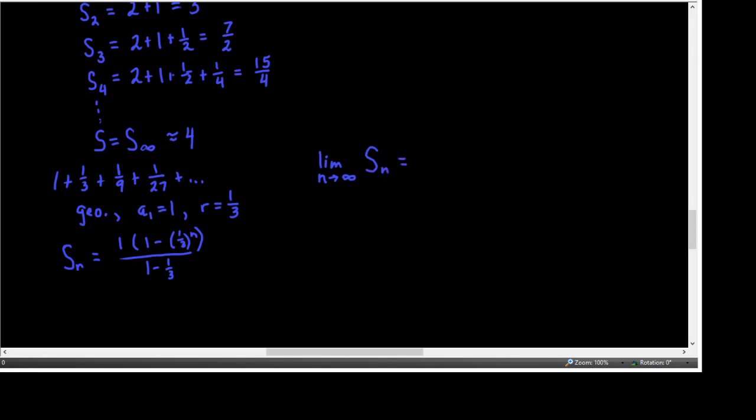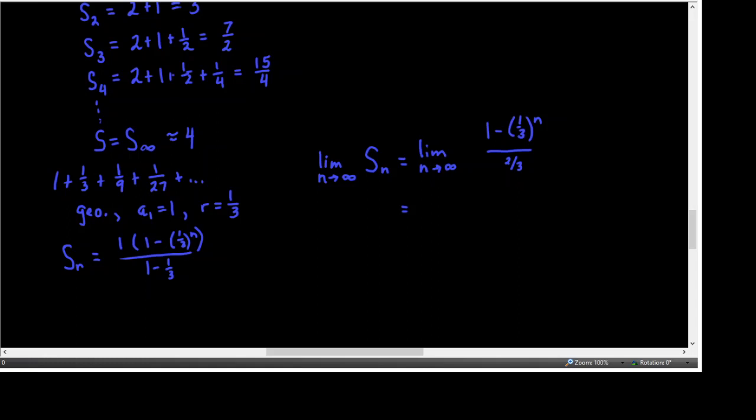Then by substitution, I can replace s sub n with 1 minus 1/3 to the nth divided by 2/3. I just did a little bit of the arithmetic. 1 times anything is itself, and of course 1 minus 1/3 is 2/3.